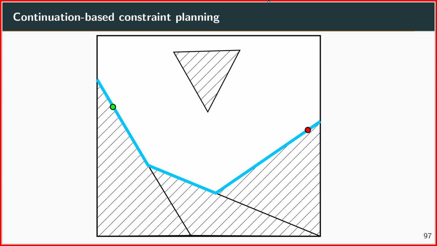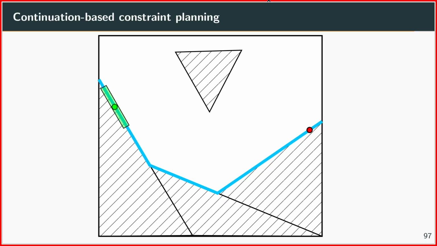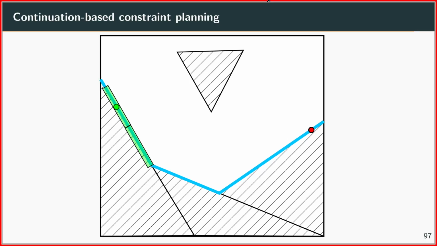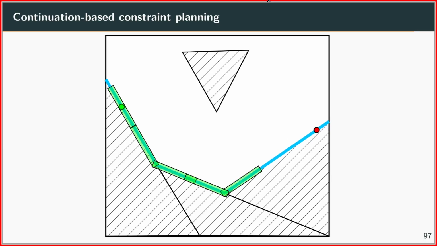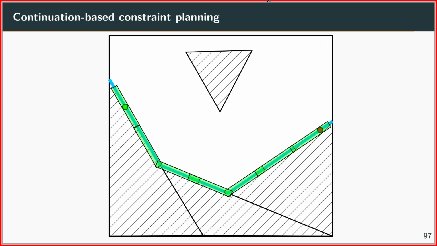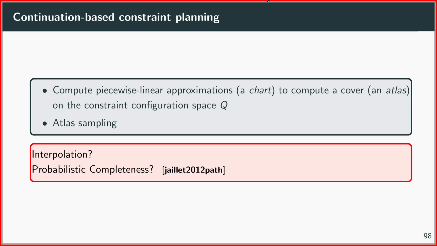And the third one, which I want to talk about, is continuation-based constraint planning. The idea here is that you try to come up with linear approximations to the space, and you do that at multiple points along the space. You basically compute those boxes here, which are approximations. Once you find an approximation in the goal region, then you have basically solved the problem.